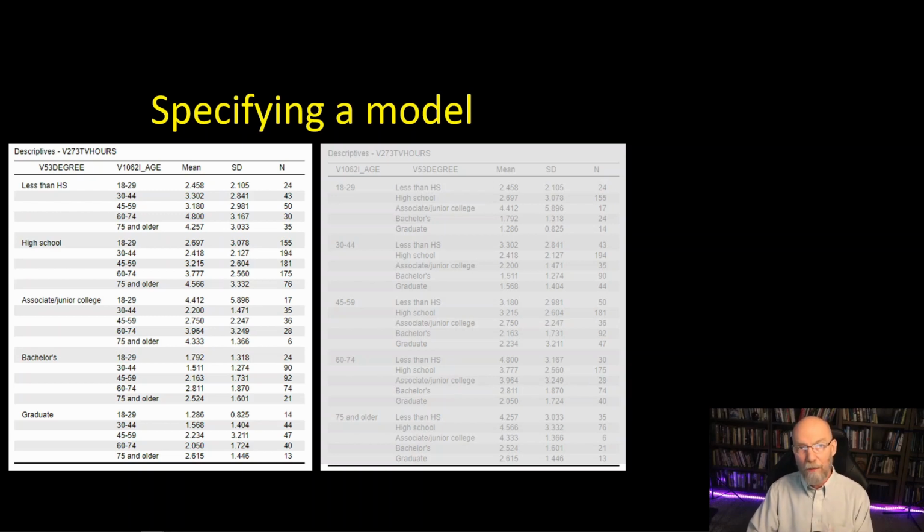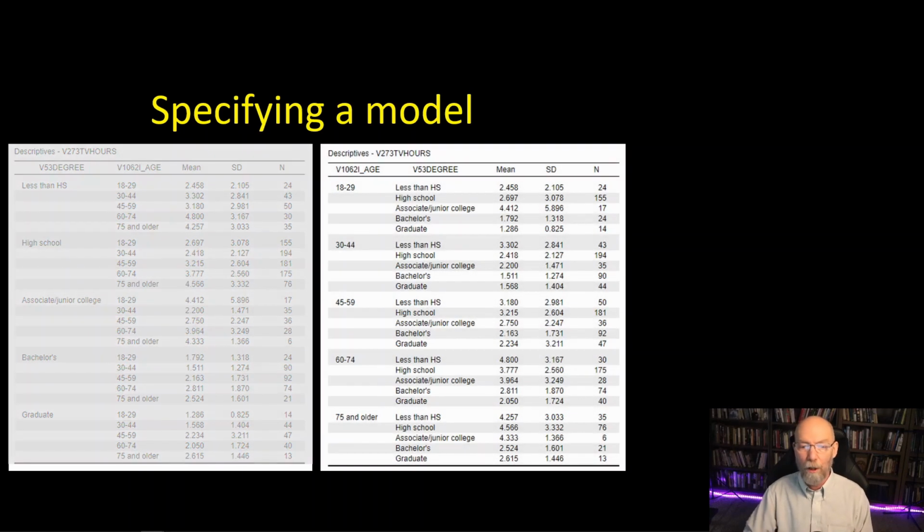This way of laying out the table is assuming something about degree and when age matters, and this other one over here is saying, well, if we look within age groups, we can see something about which degree affects the outcome. So we see here that the degrees from less than high school to graduate go from 2.5 to 2.7, 4.4, 1.8, 1.3.